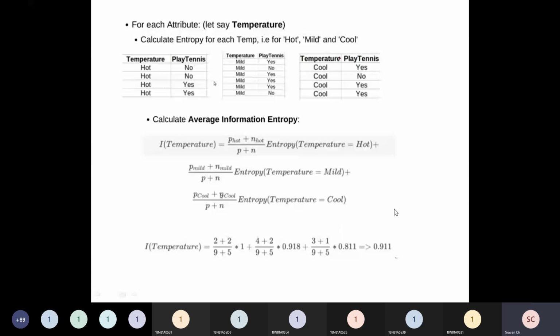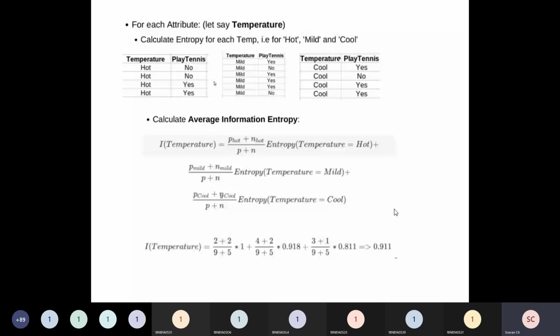Here I'll get temperature values hot, mild and cool. So how many times was it hot in the main data set? Hot came 4 times. And what is the outcome? No, no, yes, yes. And how many times was it mild? It was mild 1, 2, 3, 4, 6 times. And what is the outcome?